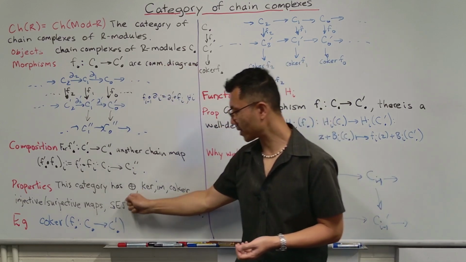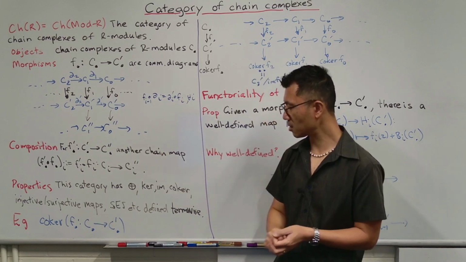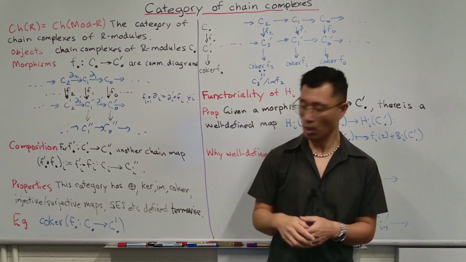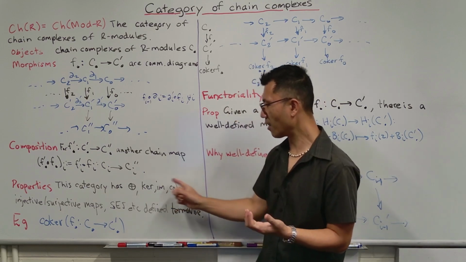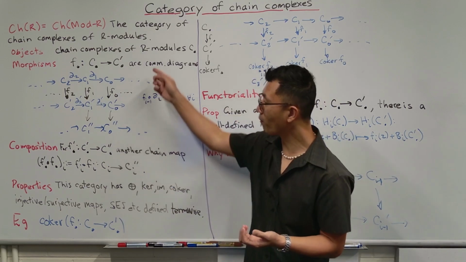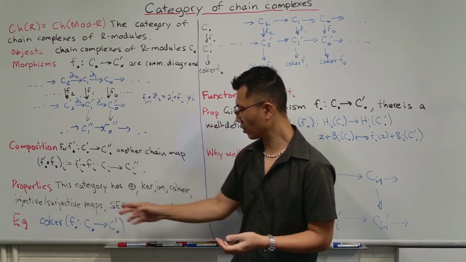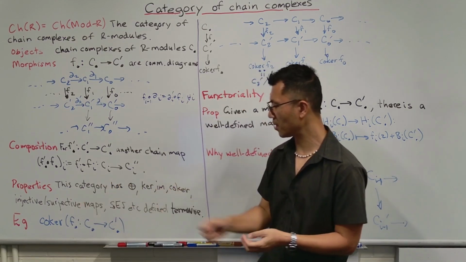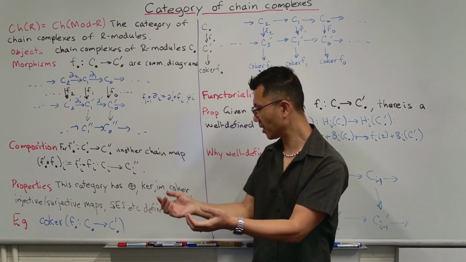You can talk about direct sums, you can talk about kernels of morphisms of chain complexes, you can talk about images, you can talk about cokernels, you can ask as a result when a morphism is injective, when is it surjective? For example, if you want it to be surjective, that means that the image is the codomain.